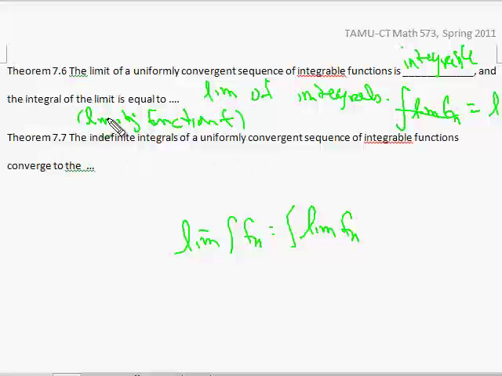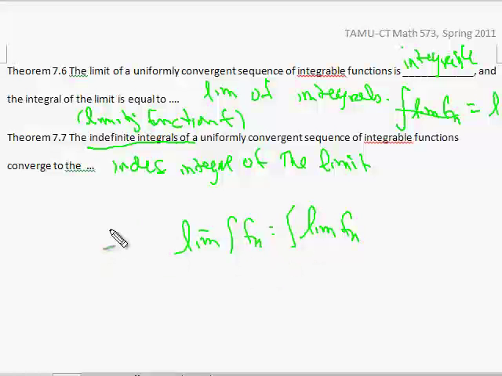Theorem 7.7, similar to 7.6, says the indefinite integrals of a uniformly convergent sequence of integrable functions converge to the indefinite integral of the limit. Okay. All right, so I could say 7.6 is like this.